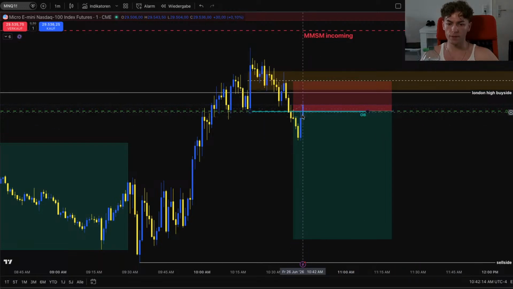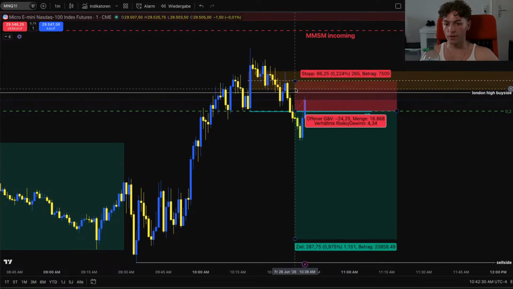So if price doesn't respect these PD arrays in here and goes higher, perfect. I'm not in the trade. I'm wrong today. No problem. I waited for my model. It didn't present itself. We didn't take an unnecessary loss.